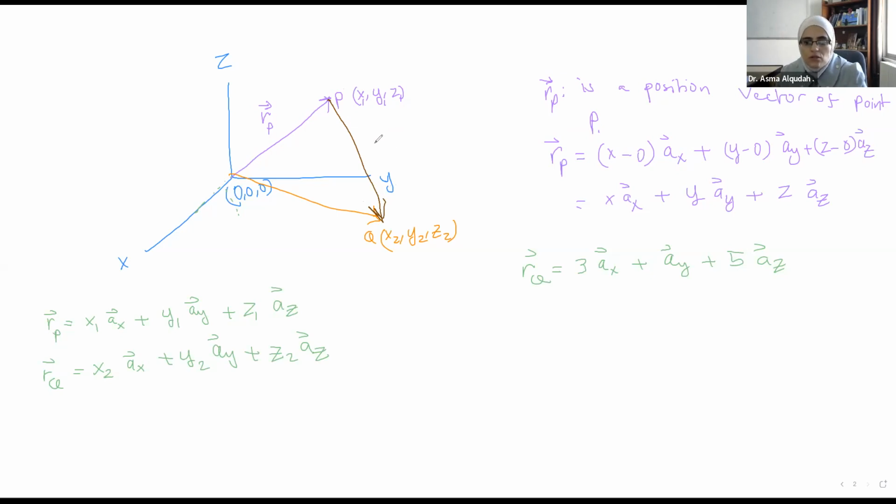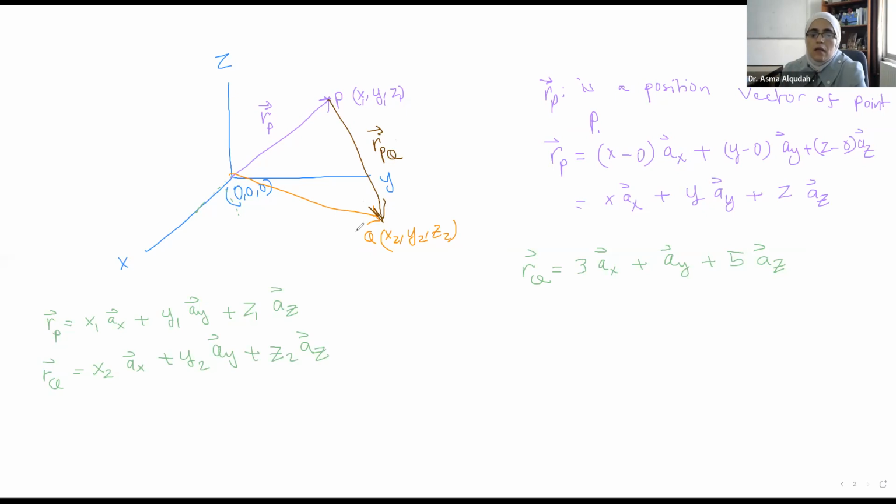Let's call that vector R sub PQ. So why did we start with P? Because the vector starts at point P and finishes at point Q. So that's why we write it like R sub PQ. If it was to start at point Q and end at point P, then we write it R sub QP.